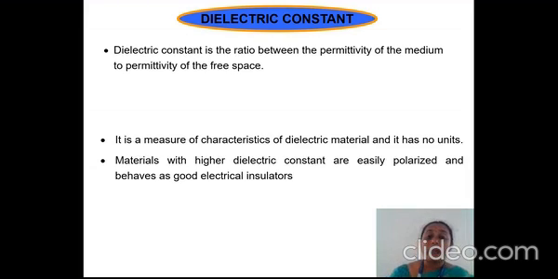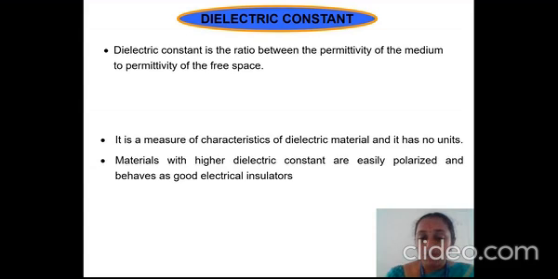Then next one is the dielectric constant. Dielectric constant is nothing but the ratio of the permittivity of the medium to the permittivity of free space. Epsilon r is the dielectric constant, the permittivity of the medium is represented by epsilon, and the permittivity of free space is represented by epsilon naught. Why is this dielectric constant important?